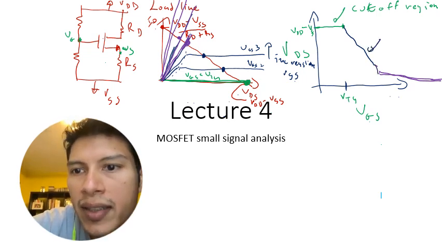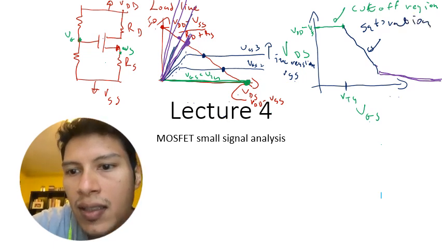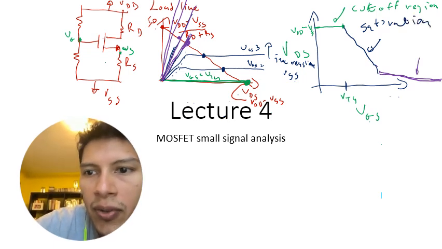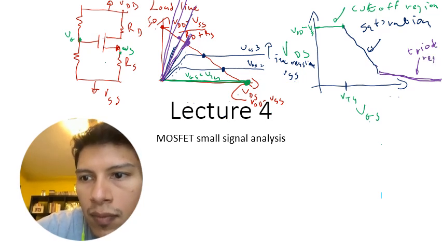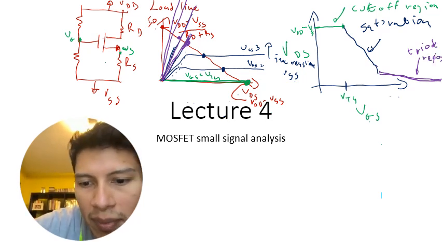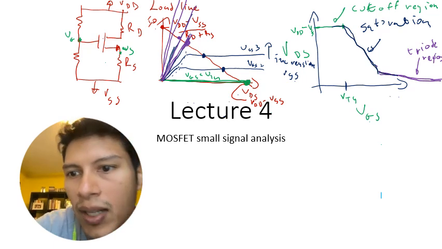So this will be the saturation region, and then we have the triode region. This is only approximate, because it is more rounded, and it will round off like that. Okay.